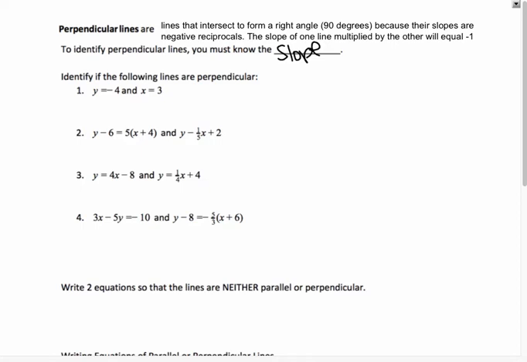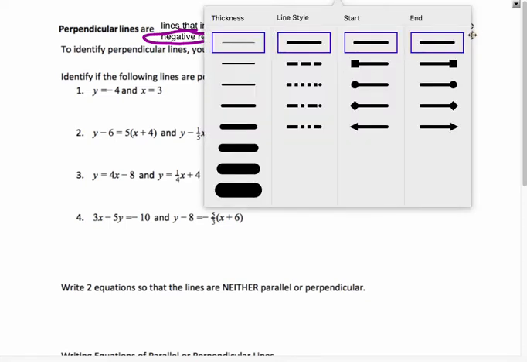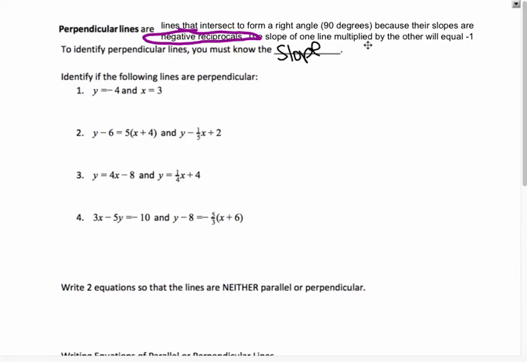All right, let's talk about negative reciprocals for a moment. Okay, we're talking about the slope here. So if I have a slope of 4, then the negative reciprocal of that is going to be negative 1 over 4.